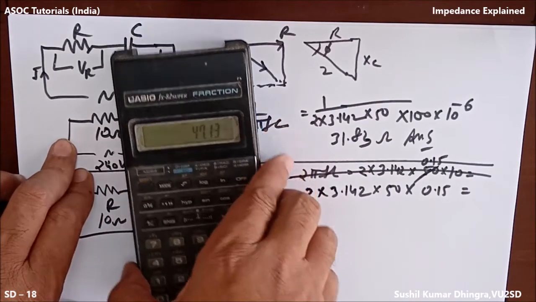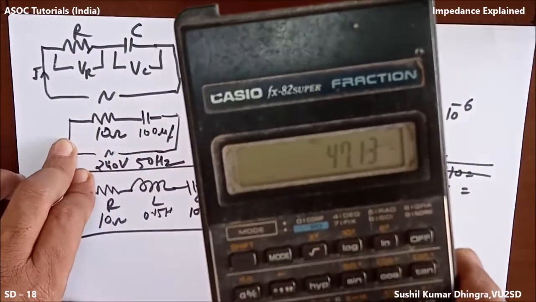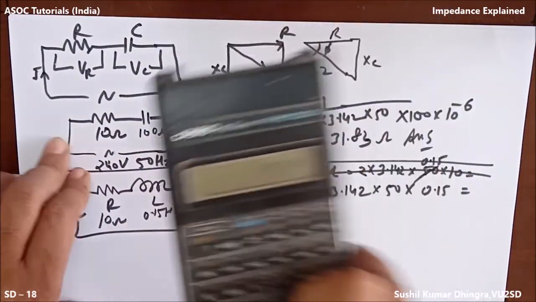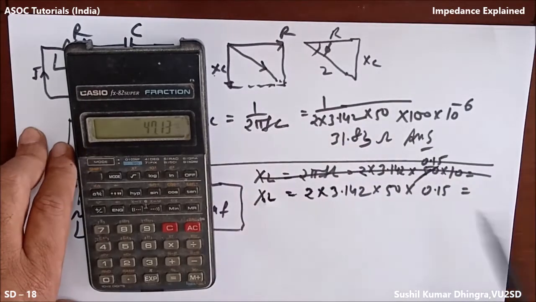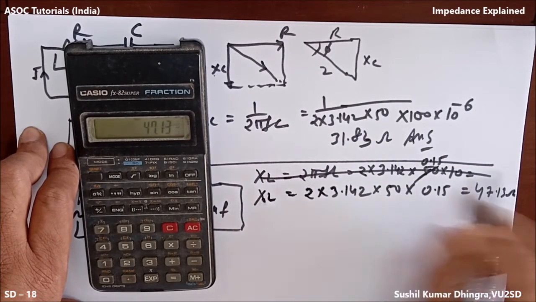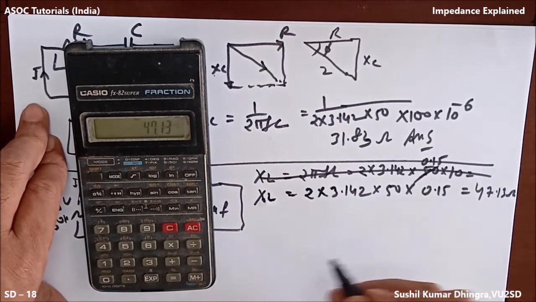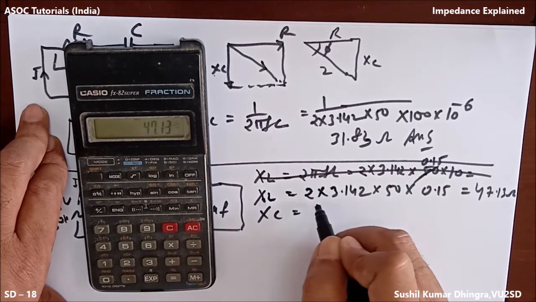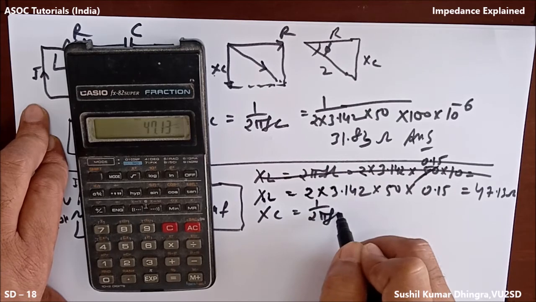This is equal to 47.13. So 47.13 ohm is XL.